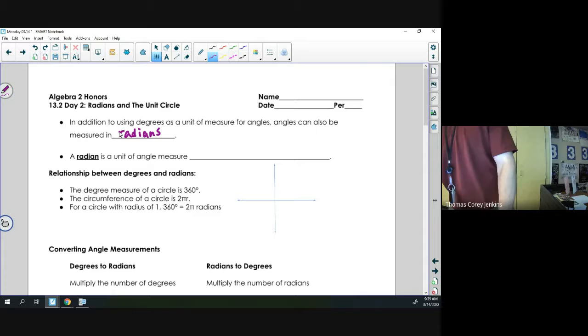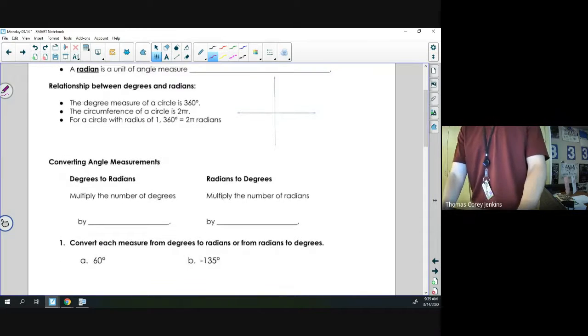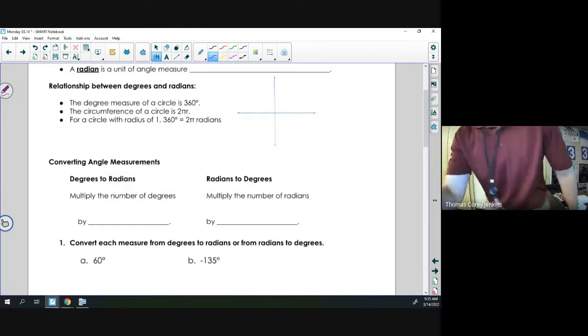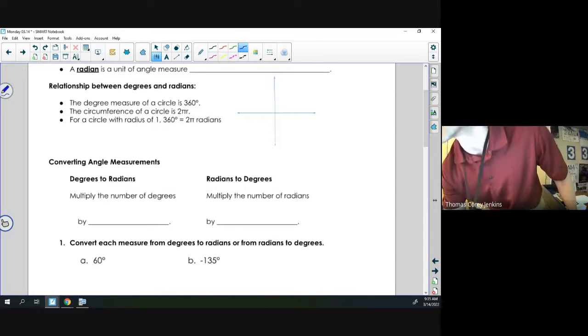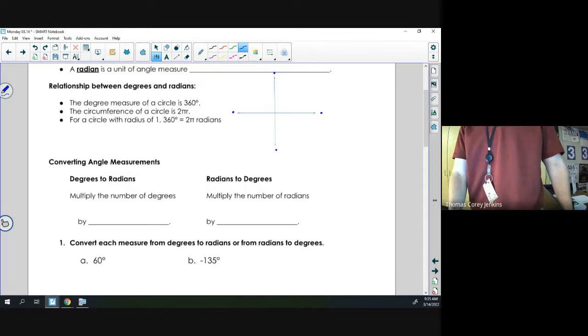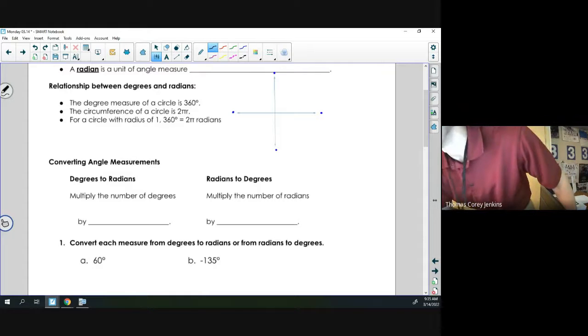But let's look at a diagram of our coordinate grid and its benchmarks in radians. We've talked a lot about this one being 0 and 360, this one is 90, this one is 180, and this one is 270. But what about those in radians? Okay, so 0 degrees is 0 radians.